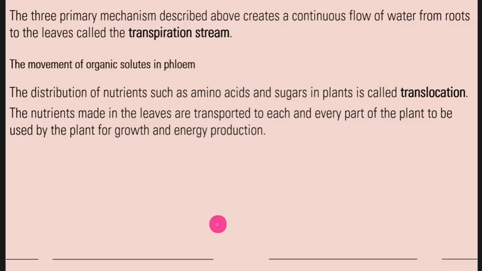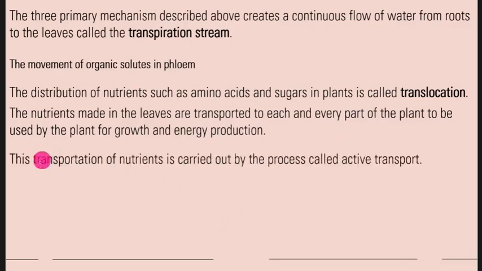All right, then you should know that this transportation of nutrients is carried out by the process called active transport. So meaning it needs energy. A plant needs energy to start moving these amino acids and sugars to each and every part of the plant.